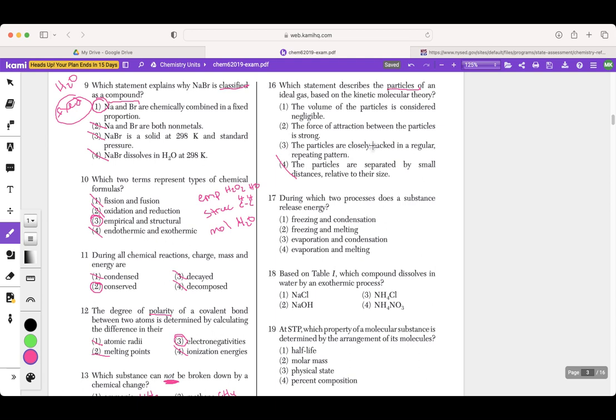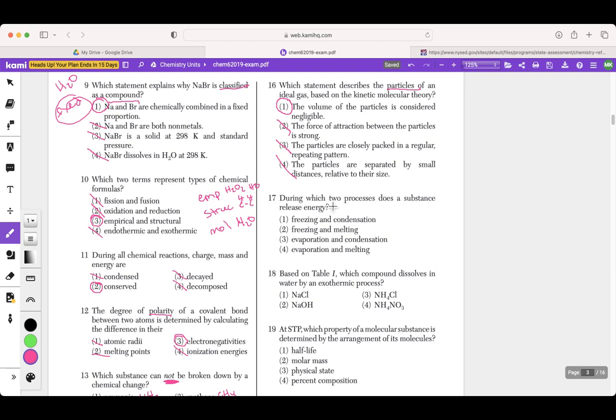Choice 3, the particles are closely packed together in a regular repeating pattern. That's a crystal. It has nothing to do with anything. And this would be considered a solid then. We're looking at gases. Choice 2, the force of attraction between the particles is strong. That cannot be the choice because we said according to KMT, there is no attraction between the particles. We're left with choice 1, which I'm going to circle. And this is one of the properties that the volume is considered negligible for each of these.